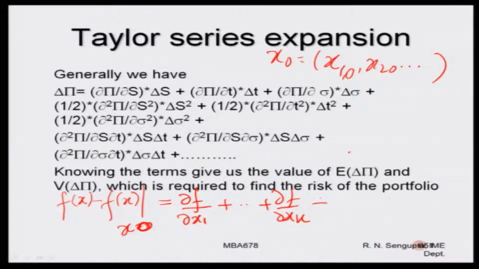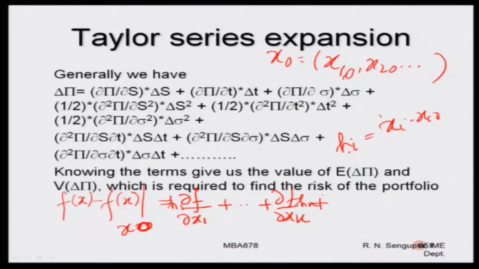So, these are all the first derivatives with respect to h 1 to h k, where h i is equal to x i minus x i naught.